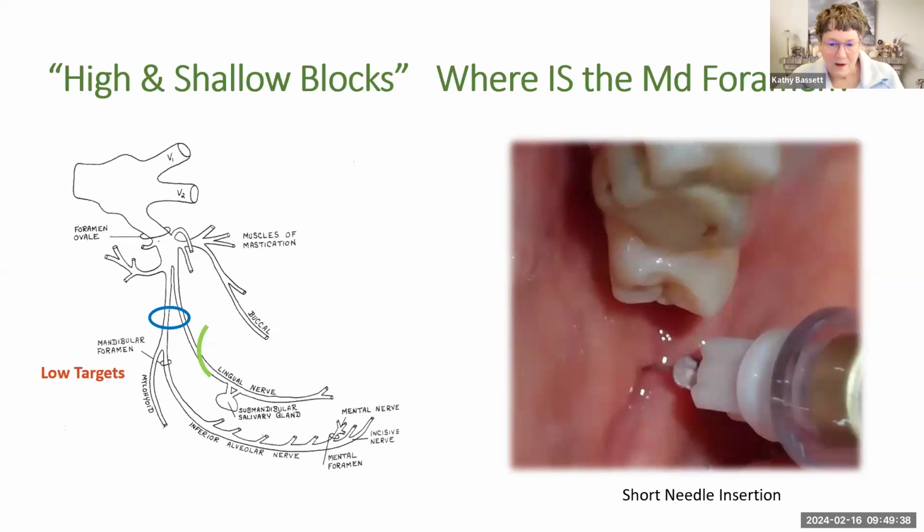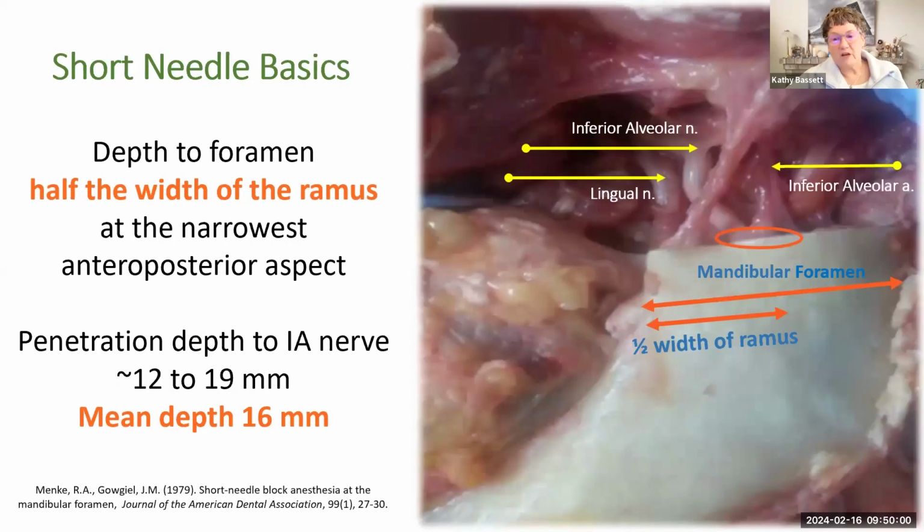I'm also going to weave in the discussion by Curry and Townsend that the higher penetration and the use of a shorter needle is going to solve the problem of being below and behind your foramen. So this gives us an opportunity to solve both of those challenges at the same time.